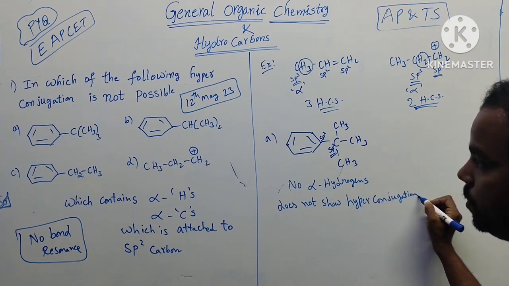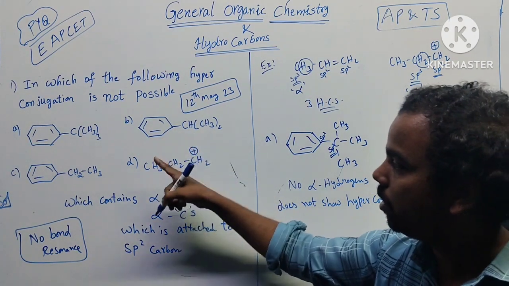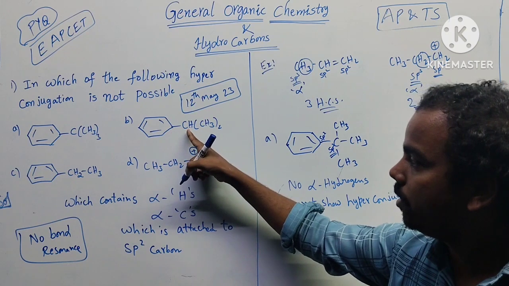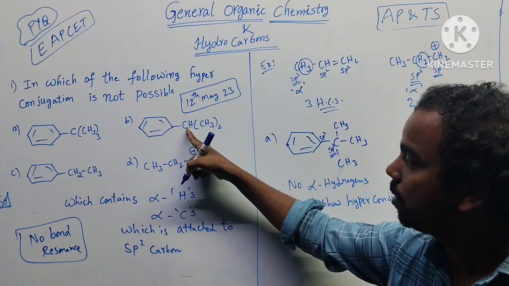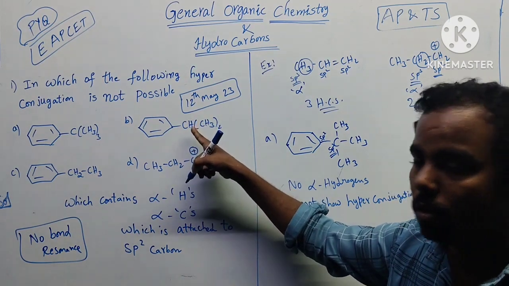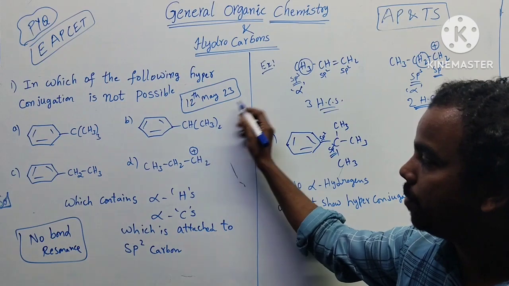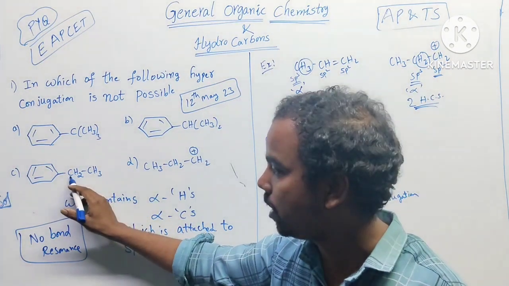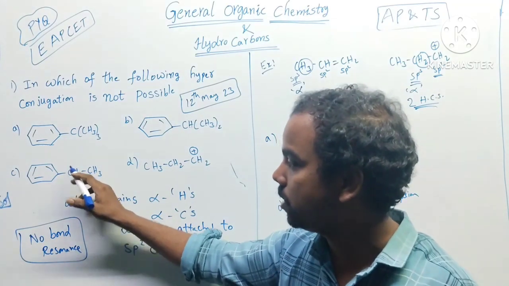If you observe the remaining options, the sp2 carbon is attached to an sp3 carbon having 1 hydrogen, so 1 alpha hydrogen is present and it gives 1 hyperconjugative structure. In the next, the alpha carbon has 2 hydrogens, so 2 hyperconjugative structures are possible.